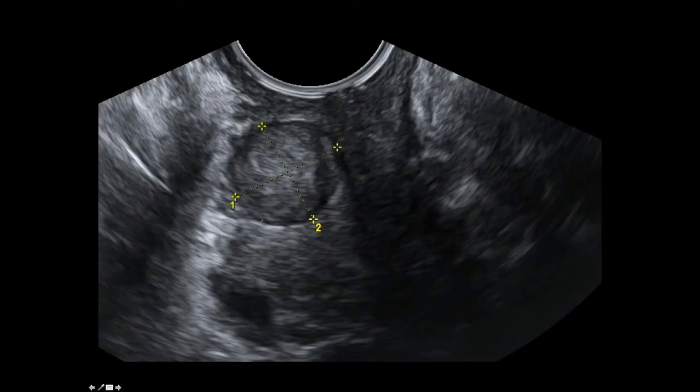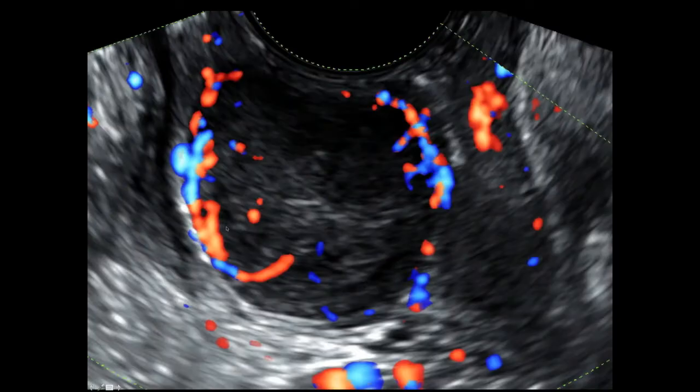All right, now here's a nice, round, encapsulated looking, solid mass, having some shadows, right near the introitus, which is where we are. Now we're looking down the vagina right here, and this thing is in the wall of the vagina. Let's turn on some color. And there's the color, and it really doesn't look very aggressive.